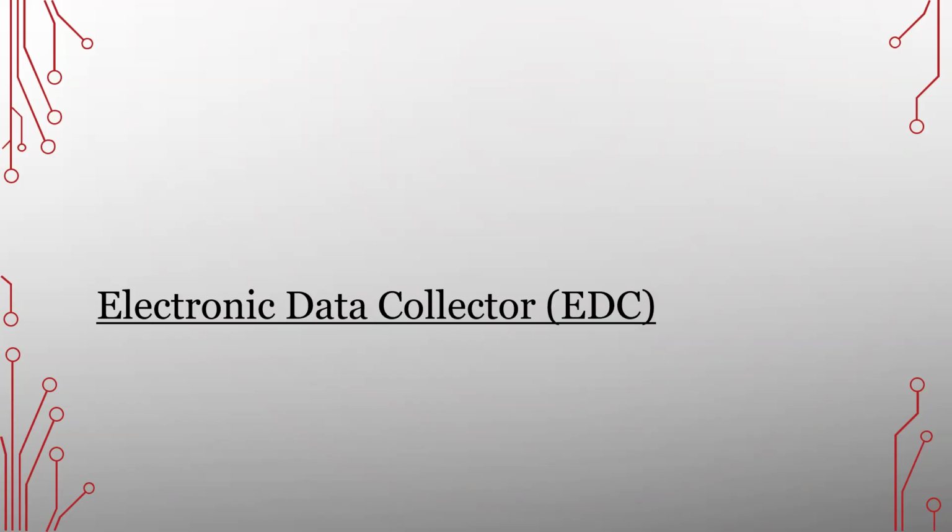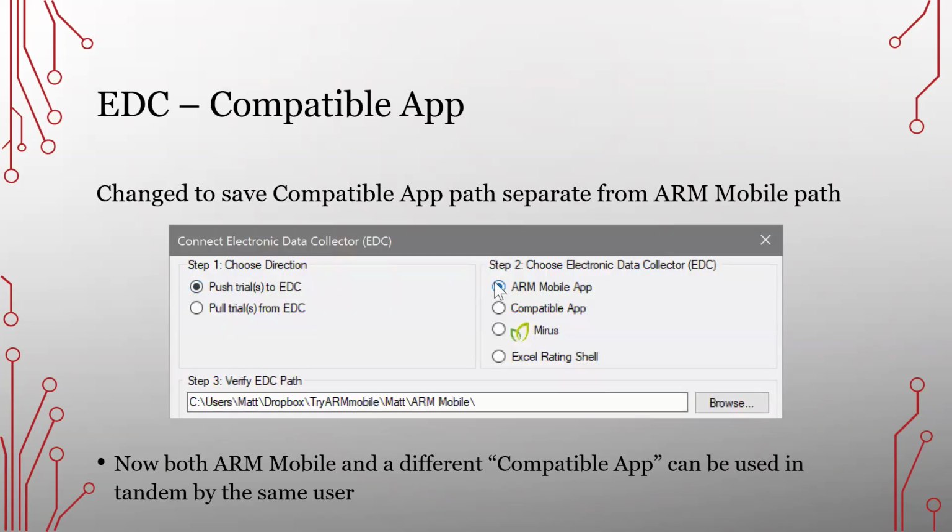A couple more changes related to the ARM mobile capability. When you're setting up the connection, there is specifically ARM mobile, and then there's also an option called compatible app, if there's any other apps out there that use the same connection. There's a few different ones out there currently, and hopefully that list will continue to grow.